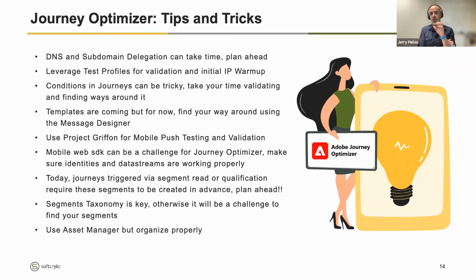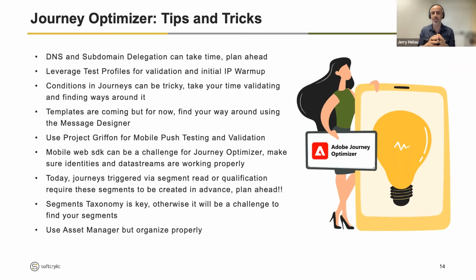Journey Optimizer has its own functionality within the Journey canvas. We use the conditions, which allow you to split. There's different ways you can split based on a data source or others.